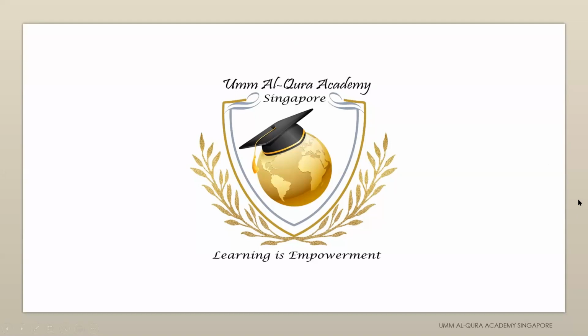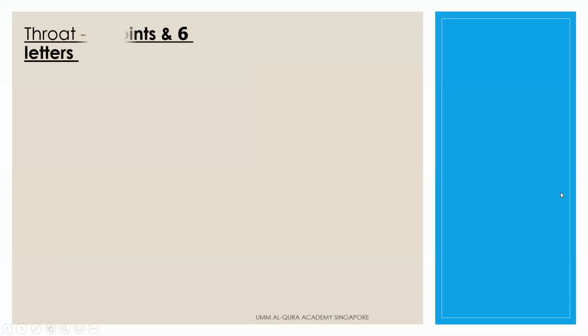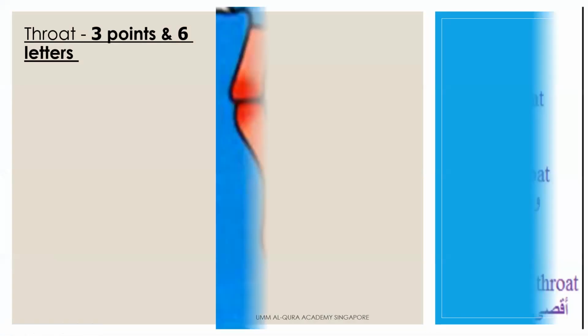Rabbana zidna ilma. Alhamdulillah. Today we're going to learn about our second major articulation point, which is Al-Halq, the throat. In Al-Halq, we have 3 articulation points for 6 letters.